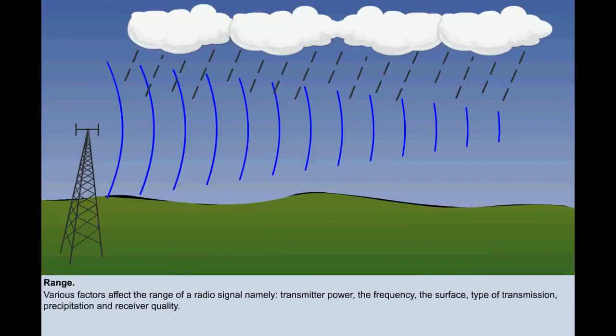We have also seen in the lesson on propagation that various factors affect the range of a radio signal, namely transmitter power, the frequency, the surface, type of transmission, precipitation, and receiver quality.